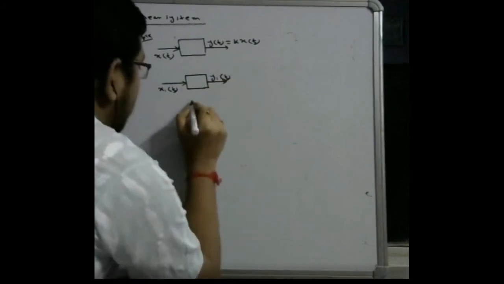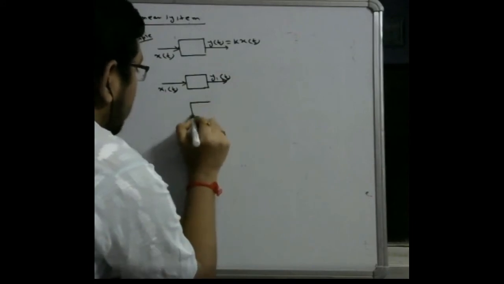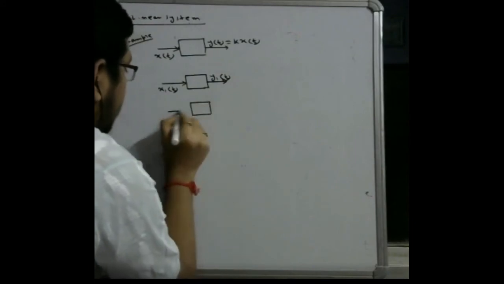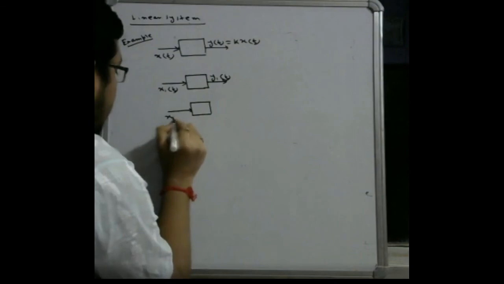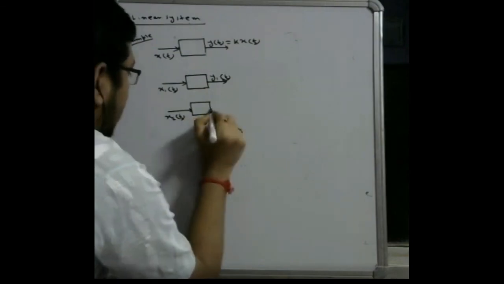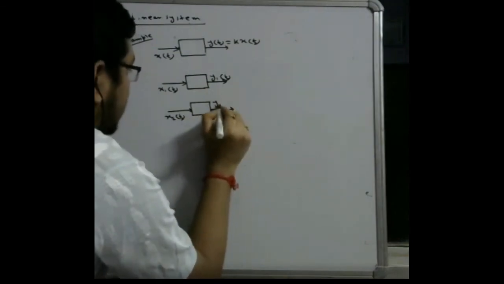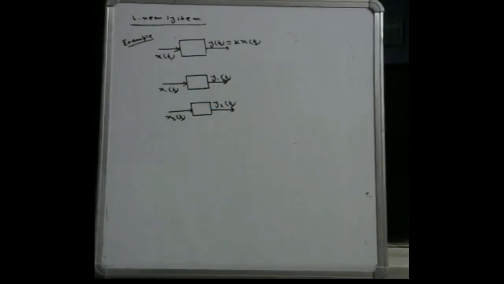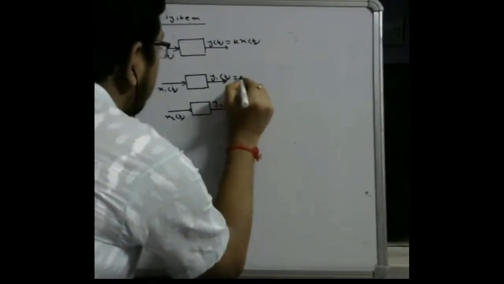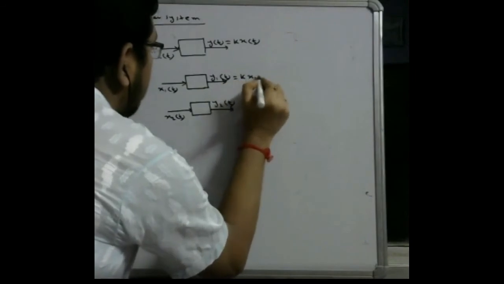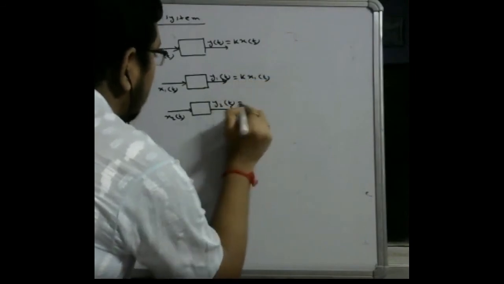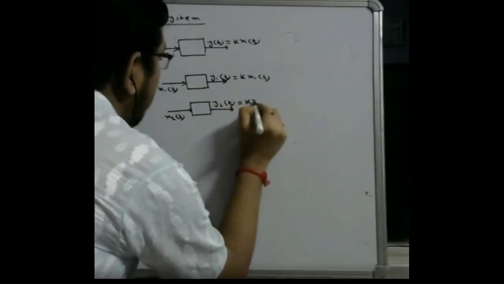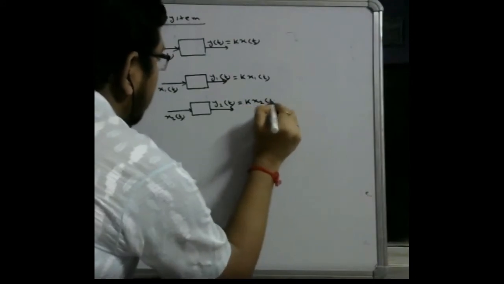In the same way, if we supply x2(t) next time, then the output, suppose, is y2(t). Right? So obviously y1(t) is k times x1(t), and y2(t) is k times x2(t).